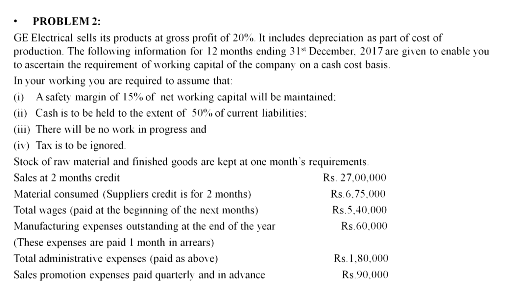From that total list you will subtract the current liabilities, and then we will see how much net working capital is required. And here it is written as a first point, a safety margin of 15% of the net working capital will be maintained. So, the net working capital which we will work out, that is the current assets minus current liabilities, 15% of that we will have to further work out, and add into that net working capital.